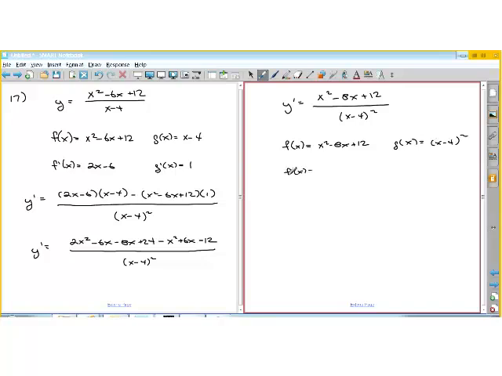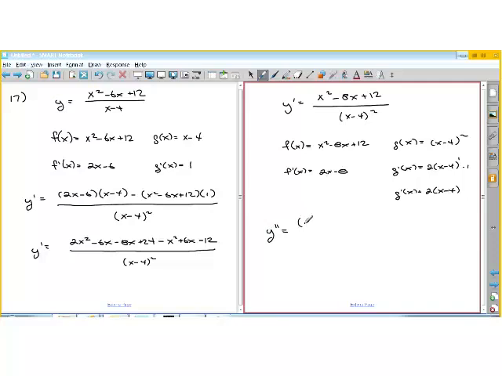The derivative of the numerator is 2x minus 8. And the derivative of the denominator is going to be 2 times x minus 4 to the first power times the derivative of what's in there, which is 1. So g prime of x is basically 2x. Well, let's keep it as factored because we're going to be able to cancel some of that stuff out. Okay, so now we use the quotient rule.